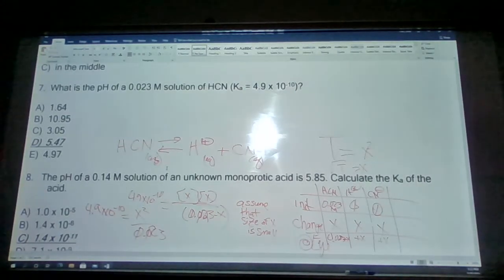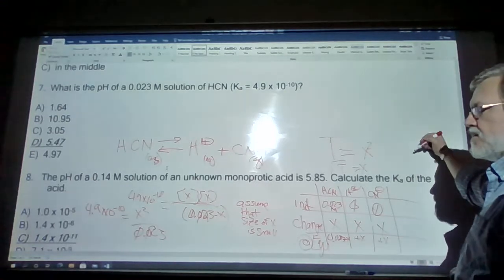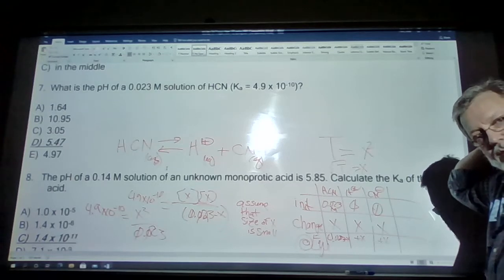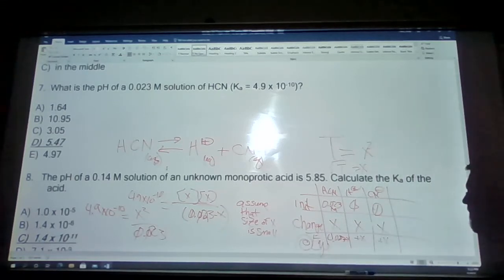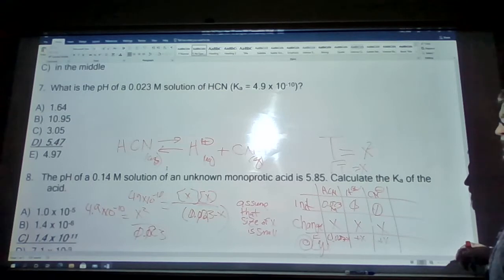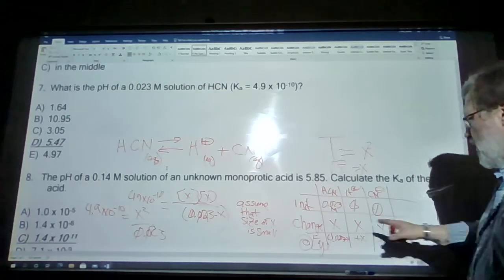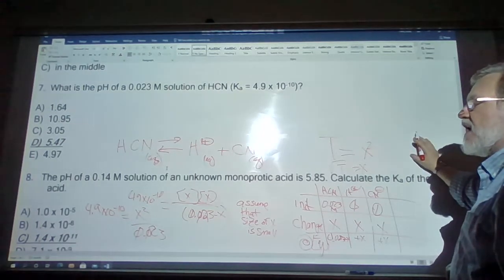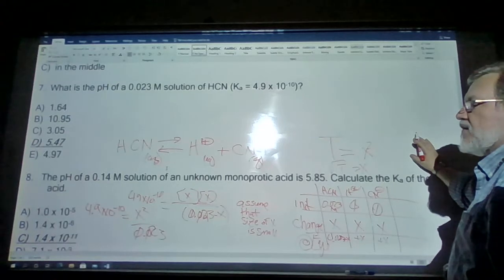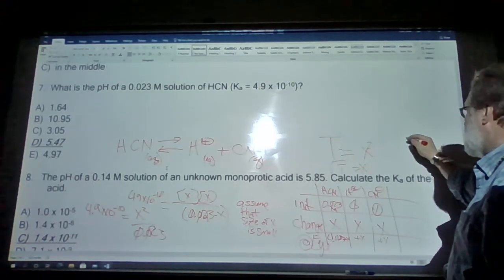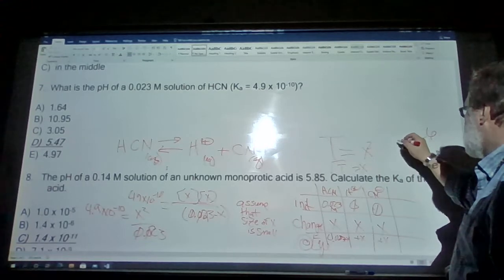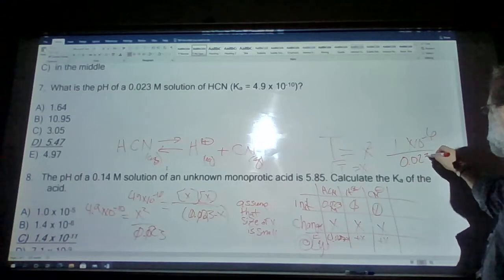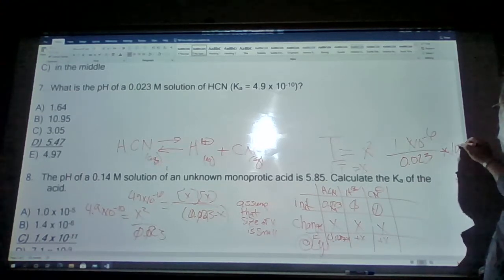The only thing we need to do is confirm, is the size of X really that small such that that is justified? Well, we take the amount of hydrogen ion concentration at equilibrium and we calculate the percent ionization. So 5.47 something times 10 to the minus 6th, we divide it by our initial solution concentration, 0.023, and we multiply it by 100.